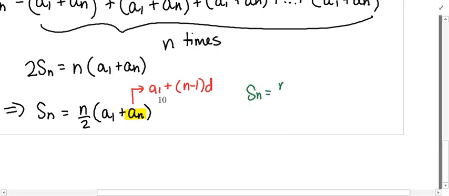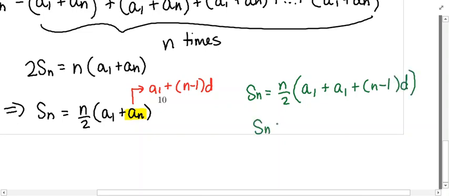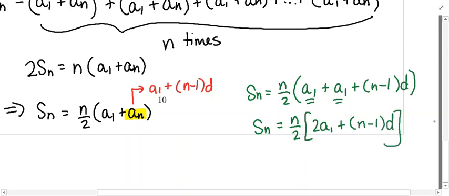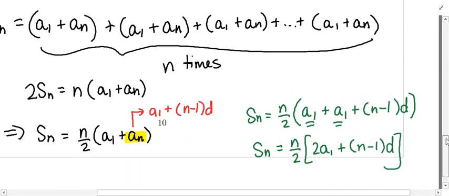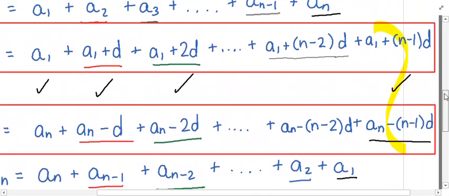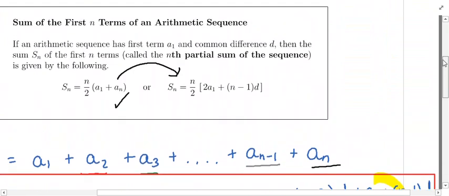Sn is going to be n over 2 times a1 plus n minus 1 times d. So Sn is equal to n over 2 times the quantity 2a1 plus n minus 1 times d. And that is the second formula. So that's where these two particular formulas come from. You really have to get creative sometimes when you're deriving things.